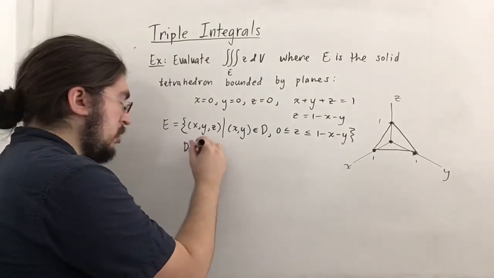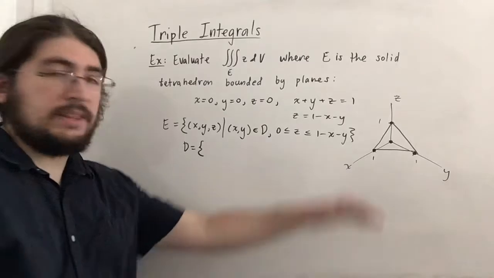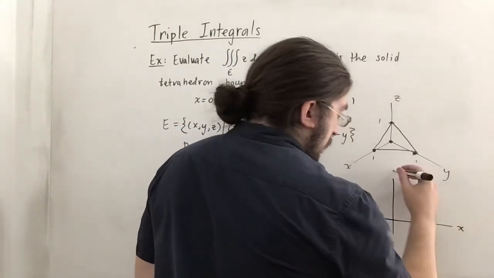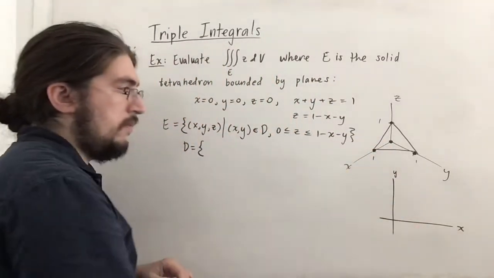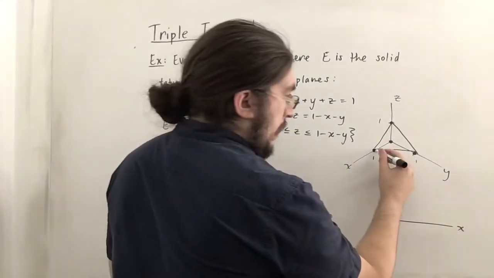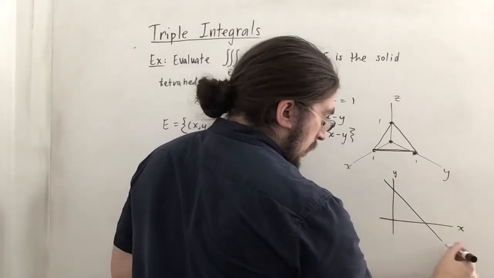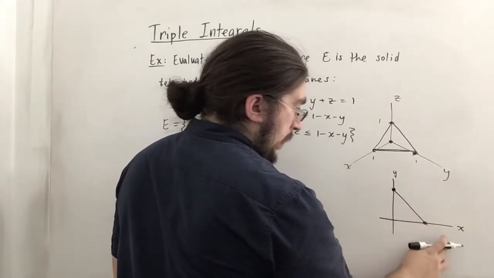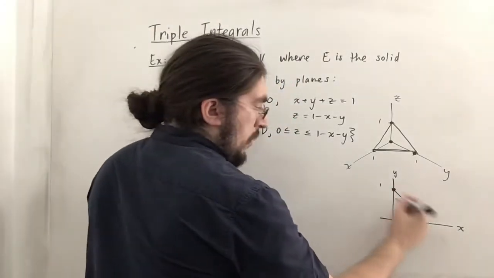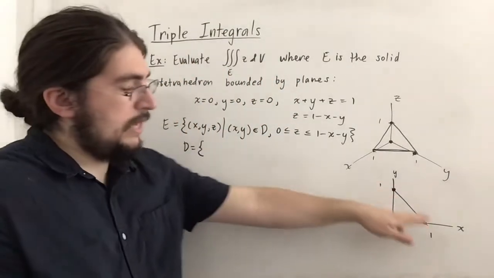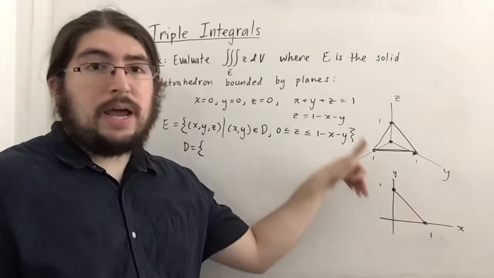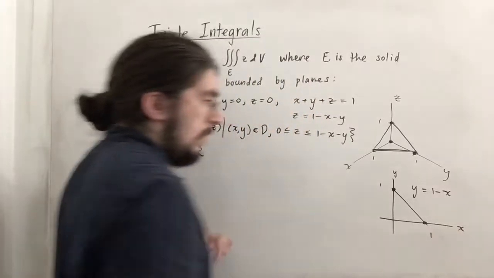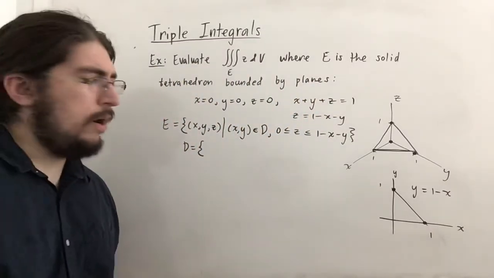Now we have to interpret that by looking at the shadow. If we draw an xy plane, again in the first quadrant like this was in the first octant, this line right here represents this line segment only. It goes from y equals 1 to x equals 1. This line is y equals 1 minus x, which is not too hard to see.